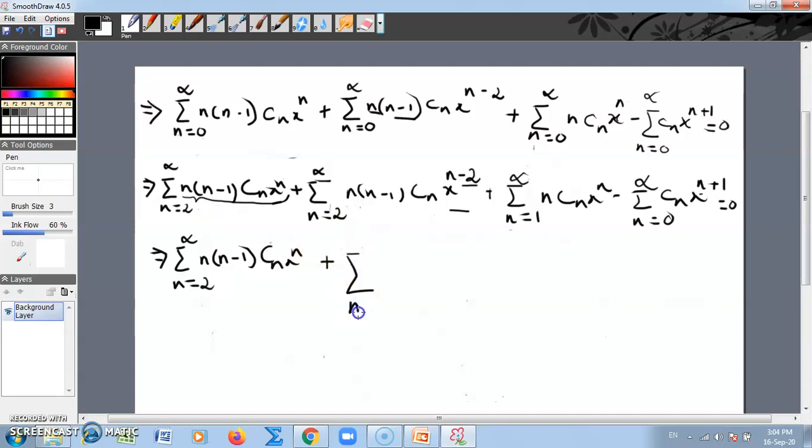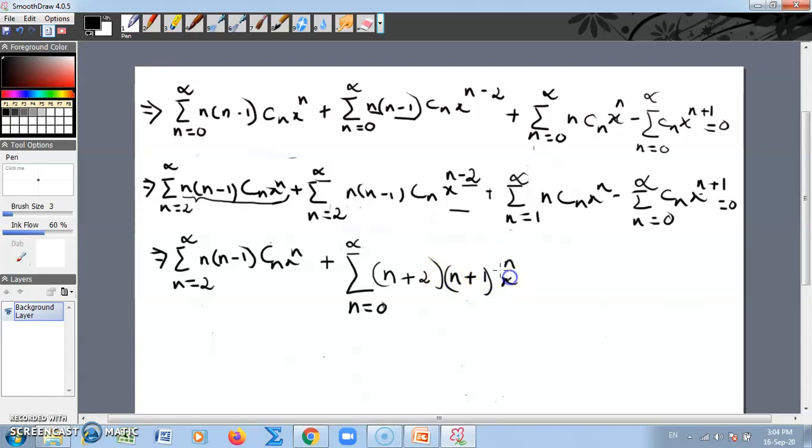This is going from n equal to 0 to infinity, n plus 2 into n plus 1 x to the power n.